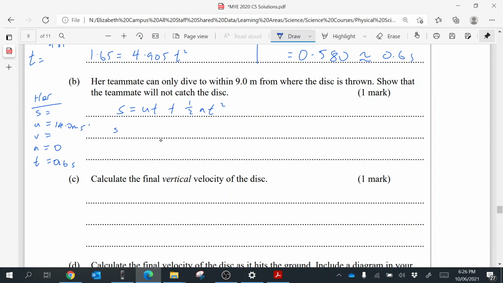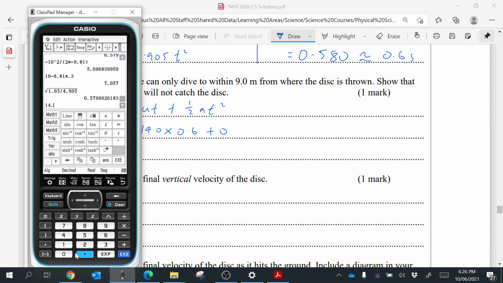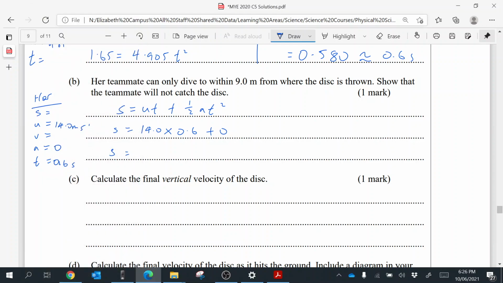This time S is equal to 14.0 times 0.6 plus 0, because acceleration is equal to 0, therefore S is equal to 8.4 meters.